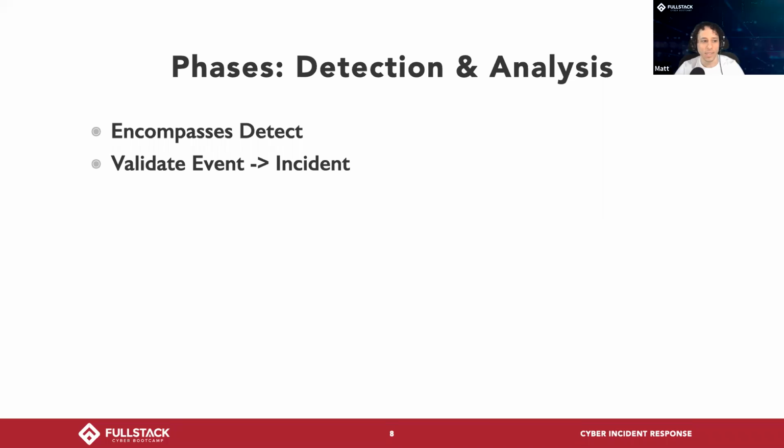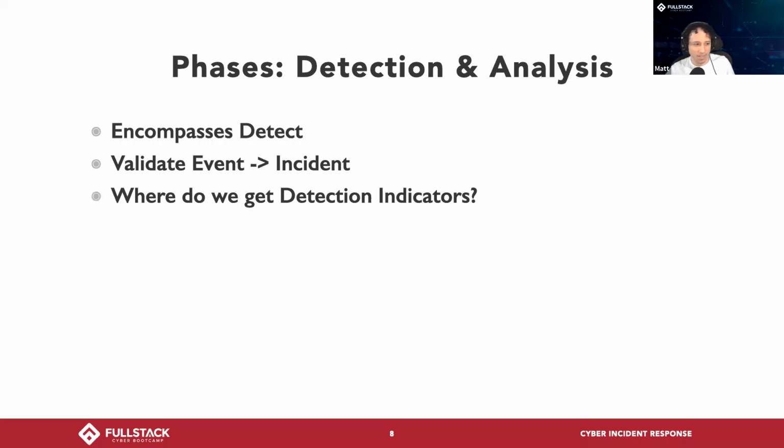Someone logging in over SSH is a security event, but it's not an incident unless a user tells you that someone else logged into their SSH and it wasn't them, someone stole their password. That's when it becomes an actual incident. Your job in this detection analysis phase is validating that this security event is actually an incident that needs to be responded to.